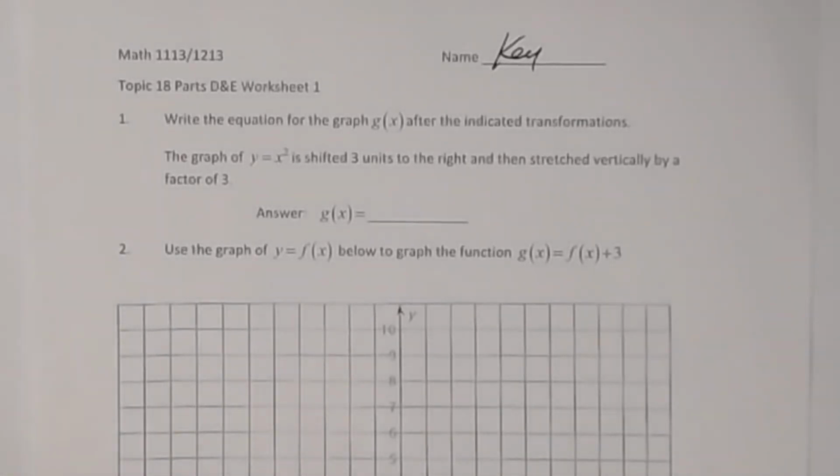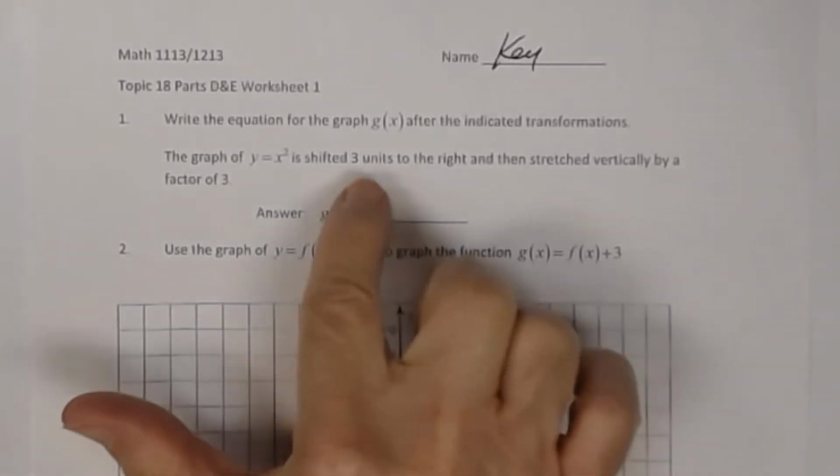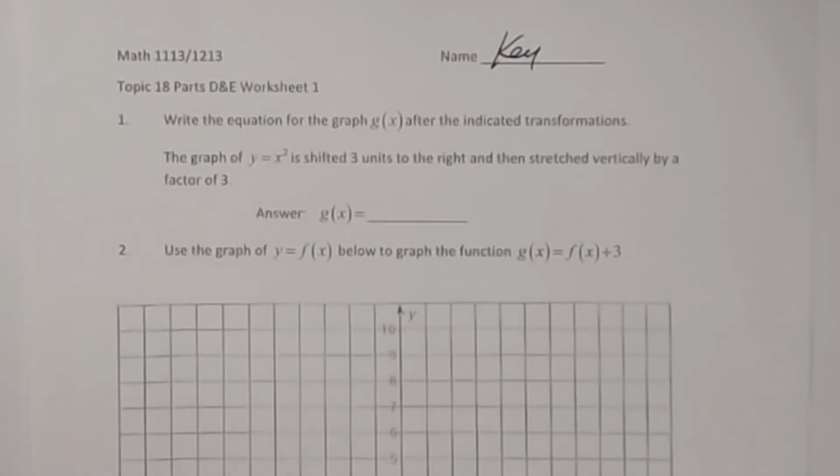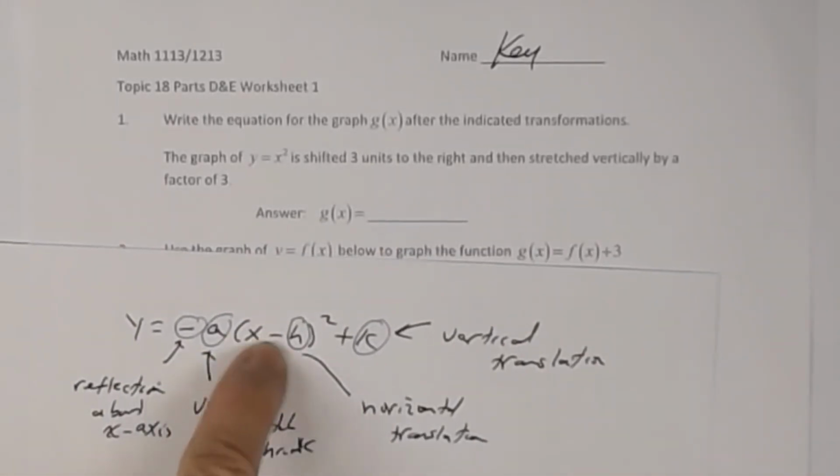It says in that order, so you have to do it in that order that you see. So you're going to shift to the right. When you do a horizontal translation to the right or left, that's underneath the square part.